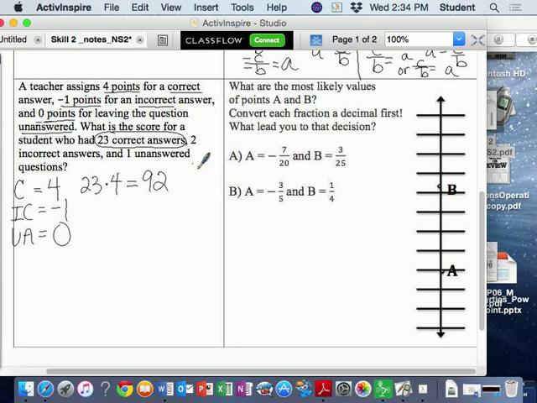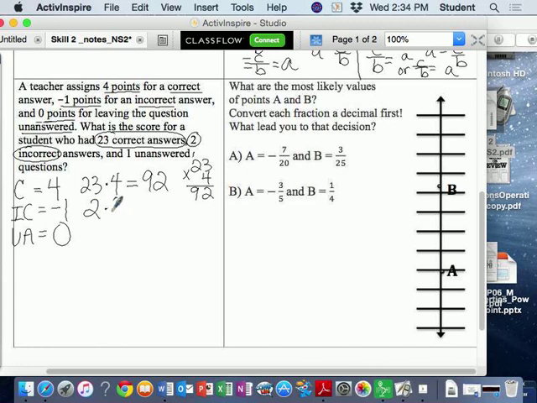Show you over here, 23 times 4. 3 times 4 is 12, carry your 1. 4 times 2 is 8 plus 1. That's how you get your 92. All right, then we read further to find out that we got 2 incorrect answers, and they're worth negative 1 point.